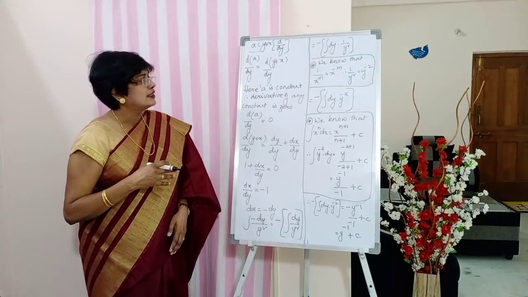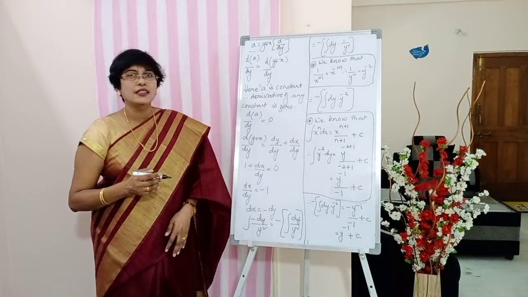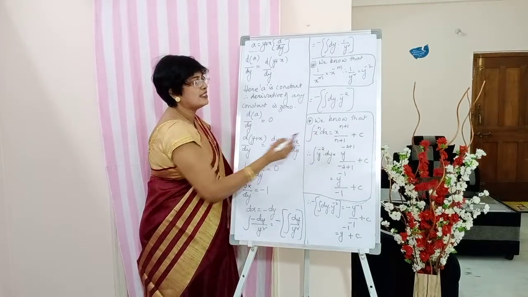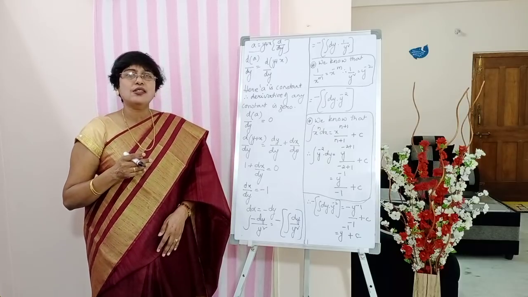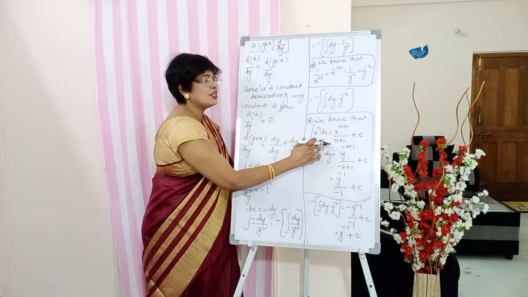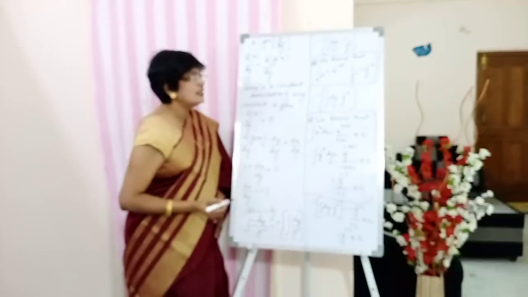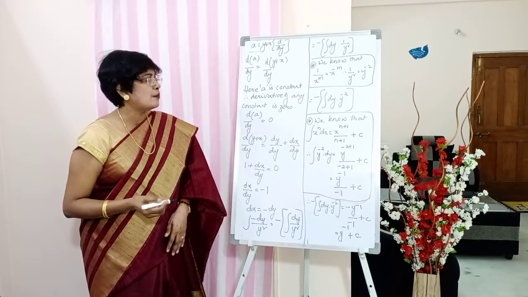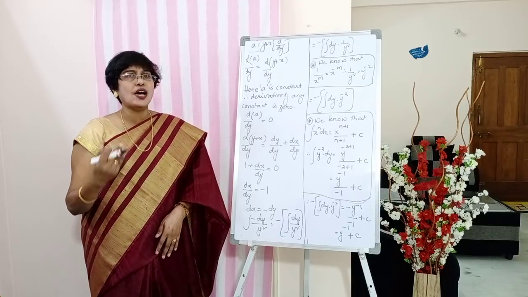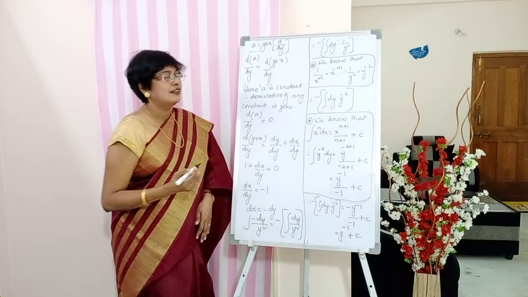So we know that, write down: integral x to the power n dx is equal to the solution of this, x to the power n plus 1 by n plus 1, plus c. C means constant. Okay, the solution of integral x to the power n dx, students.